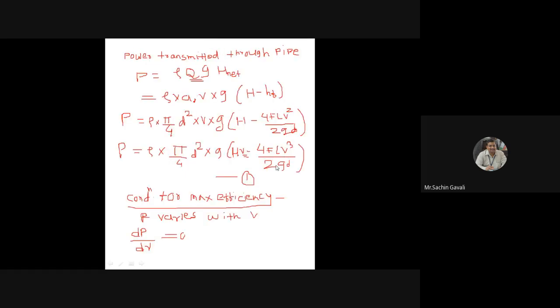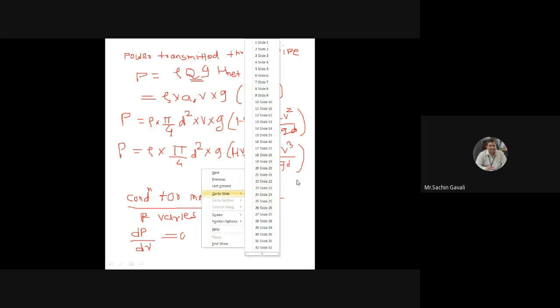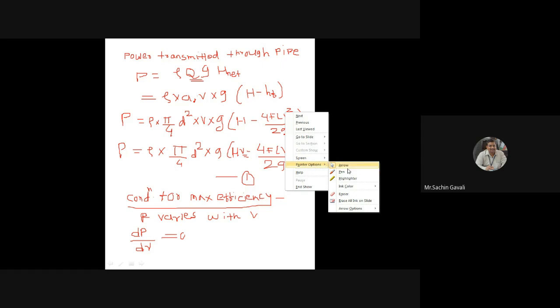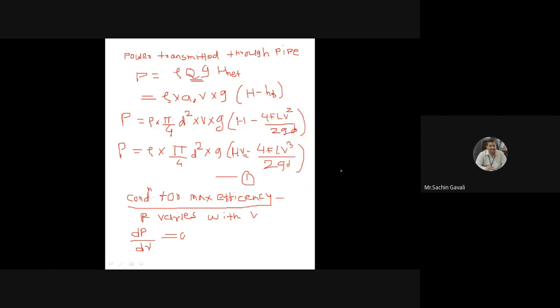Is everyone asleep? It will be H minus 4fL by 2gD, which is constant, into the differentiation of V cubed. 4fL divided by 2gD remains as it is, into V cubed's differentiation, which is 3V square, and it is equal to 0.